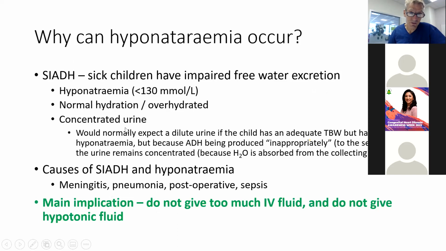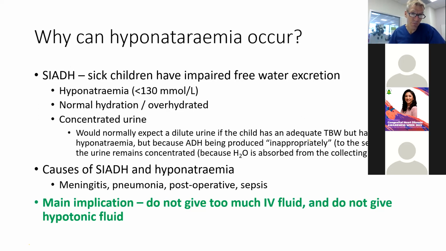The reason why hyponatremia occurs is because of, I mentioned at the start, antidiuretic hormone. When you're sick with meningitis or pneumonia or post-operative cases or sepsis, then you are more at risk of having hyponatremia because you've got high levels of antidiuretic hormone that are reabsorbing water, and you're not passing so much in the way of water, and that dilutes the serum sodium.